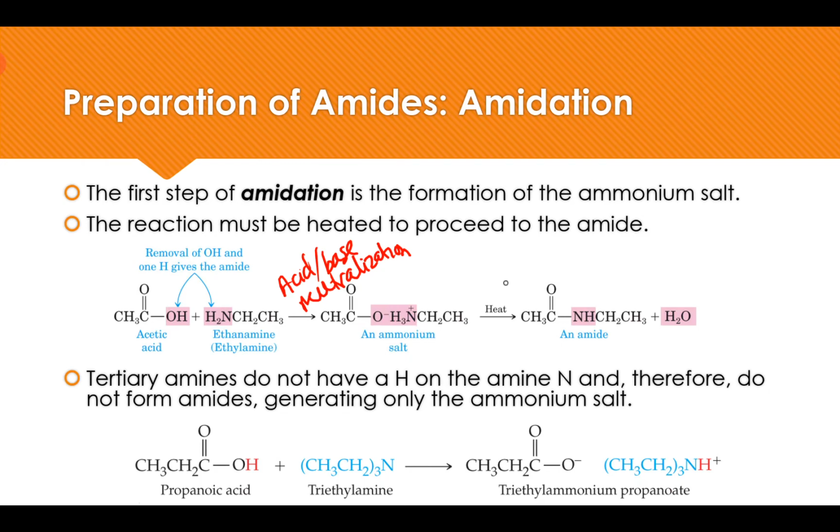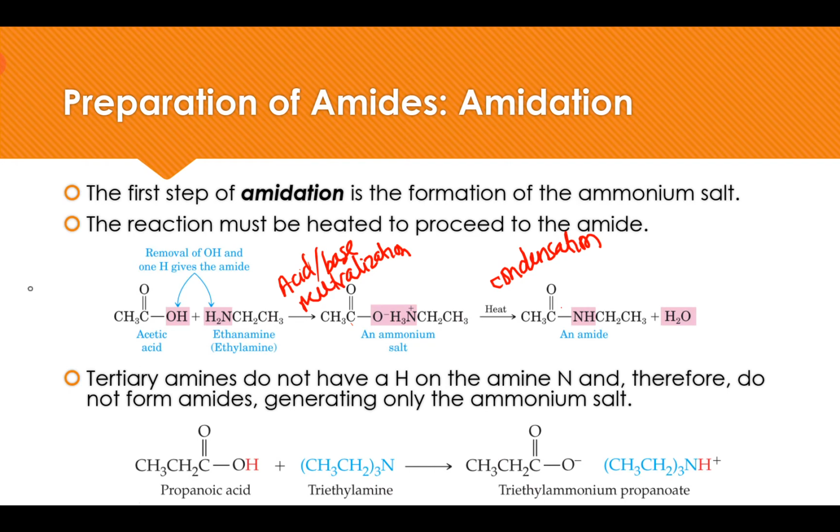And then we do our condensation. So we have to heat it in order to get that condensation reaction to happen. Just mixing them together will form the ammonium salt, and then heating it will push it further into that condensation reaction.